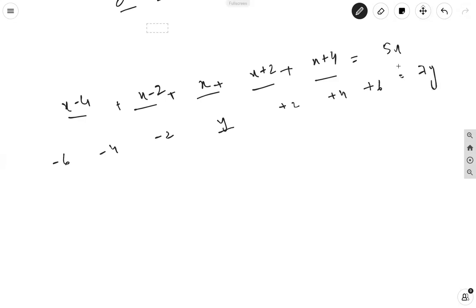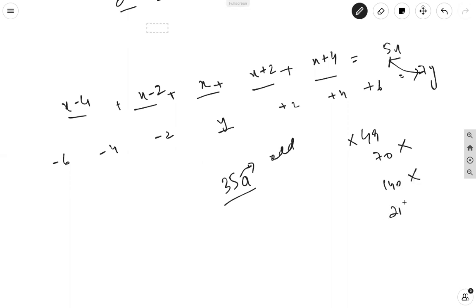So the number must be a multiple of 5, a multiple of 7, and an odd multiple. So just take the LCM of these two. That will be 35, some odd multiple of 35. Just see the options. 49, no. 70 is an even multiple, straightforward no. Next one is 140, that is also an even multiple, no. Next one is 215.